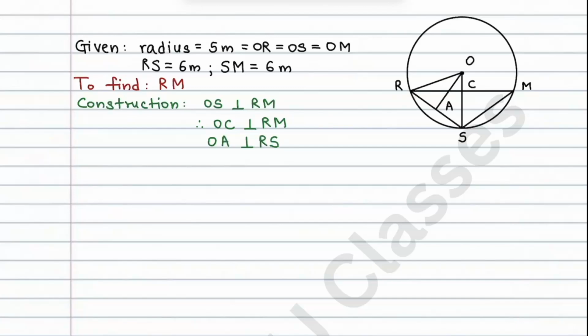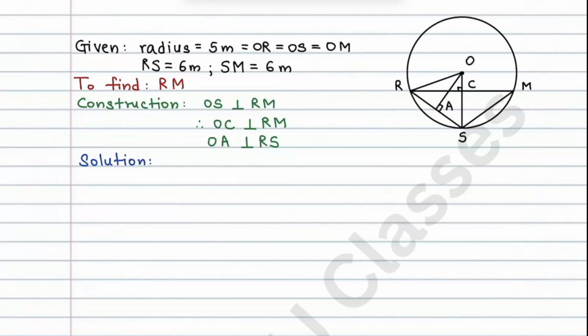Now OA is perpendicular to RS. So let us mark it down. OA is perpendicular to RS and OC is perpendicular to RM. As OA is perpendicular to RS, the perpendicular from the center bisects the chord.